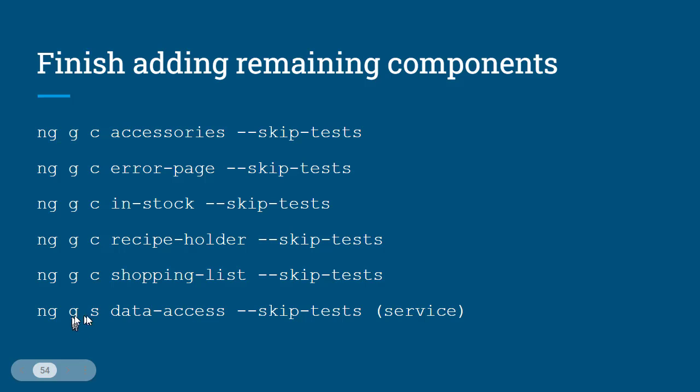And then I created all these components here, and created this service. The service is generated by using S instead of C. You can think of a service as a place for global calls that can be made from all of these, just common functions.